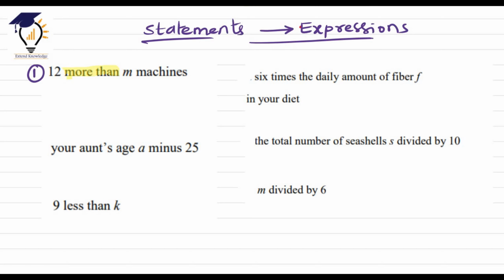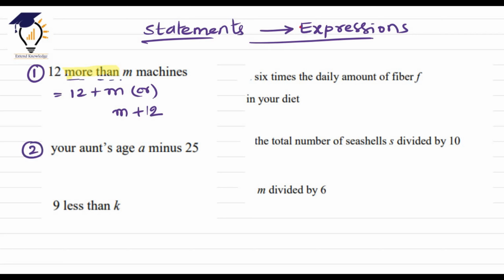As we have seen in the table, more than represents addition. So 12 plus M, or we can write M plus 12. Both are fine since it is an addition operation.